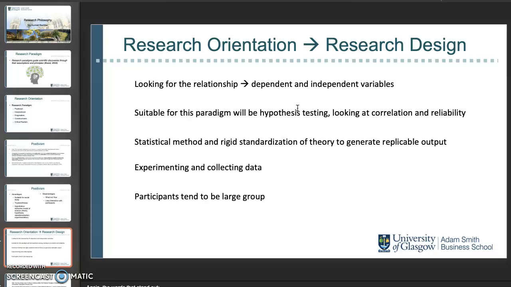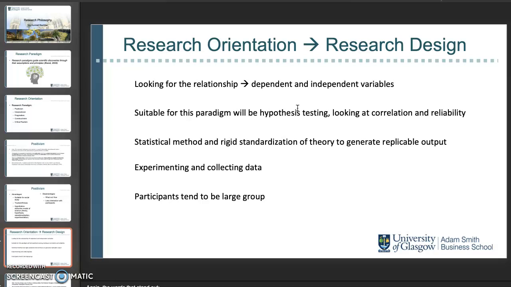Statistical methods, of course, and rigid standardization of theory to generate replicable output. Why? Because in positivism, we always start with the theory, with the literature. So you go from there, and after that you go to your hypothesis and do the next steps, operational and also experimental, but you always start with the theory.